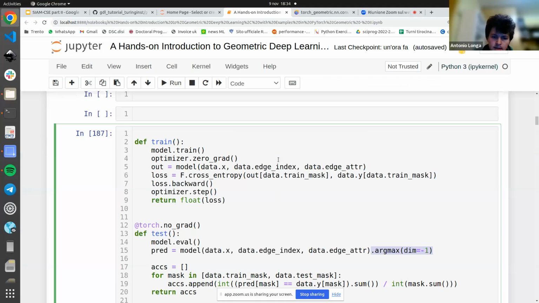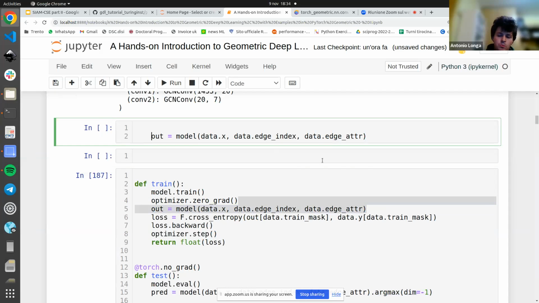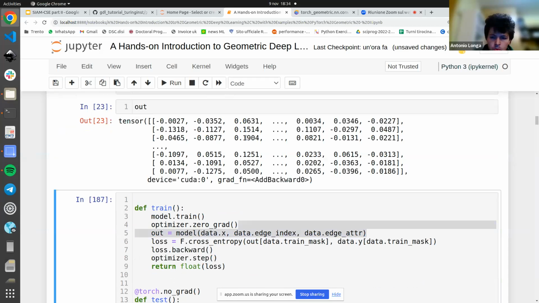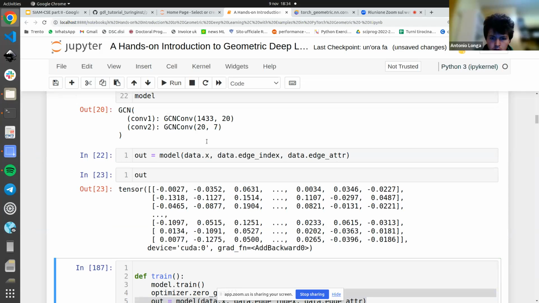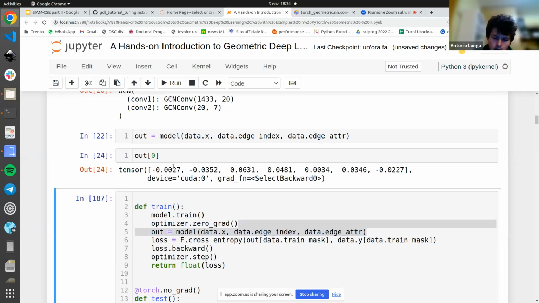What does it mean? Let me show you this with an example. So suppose that here I'm computing my output. Now, if you have a look at the output in position, for instance, 0, we can see that those are the representation, the last representation of our model.